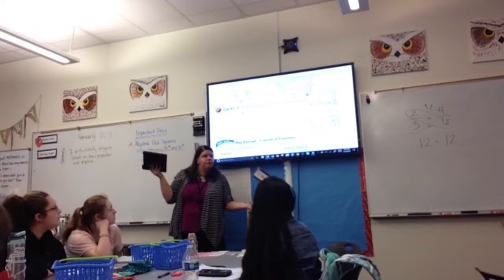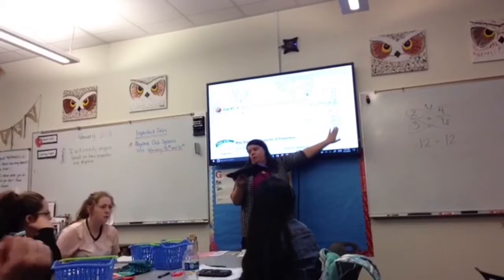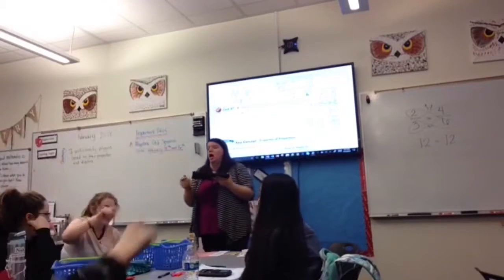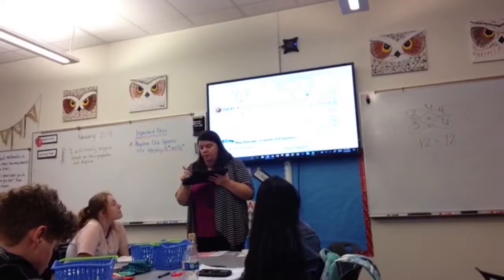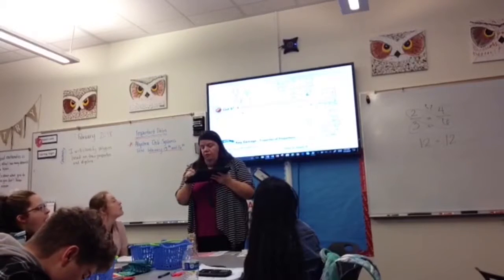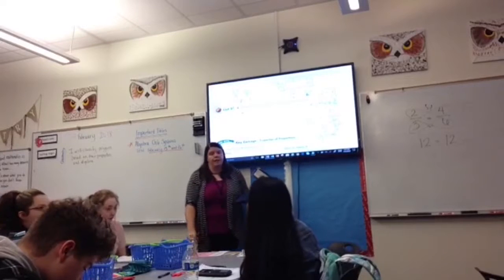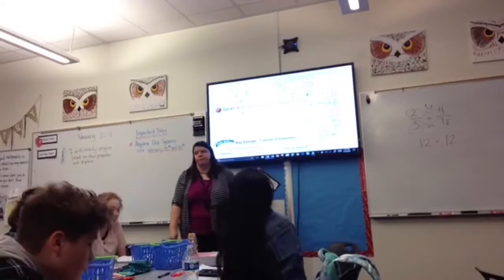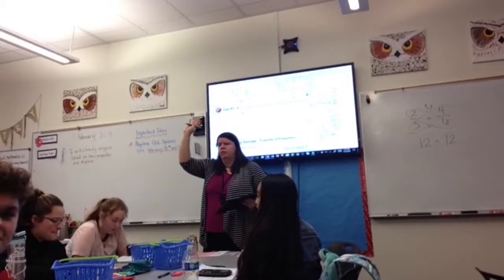Do I divide by the 3 or do I divide by the 12? 12. The 12, because we always want to undo what's being done to the variable. So we want to unmultiply. We unmultiply by dividing. So we divide by 12. And we get m equals 1/4 or 0.25. Okay? I'd love to hear your questions. What questions do you have about this?